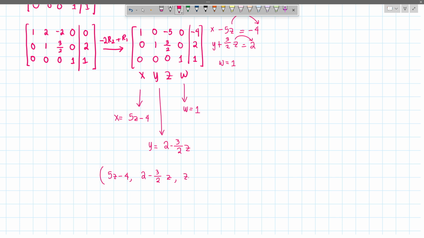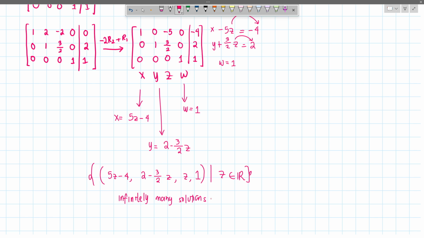So let's just put it there, and w is 1. That's our solution set where z is equal to any real number since we don't have a contradiction. That means we have infinitely many solutions, as long as it follows these criteria.